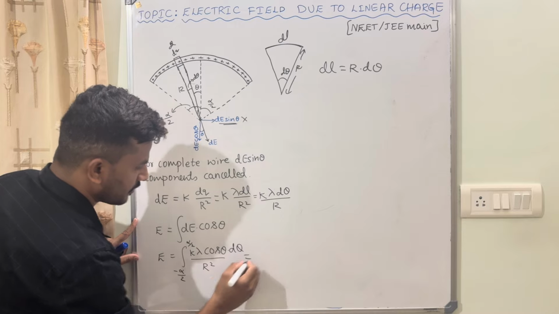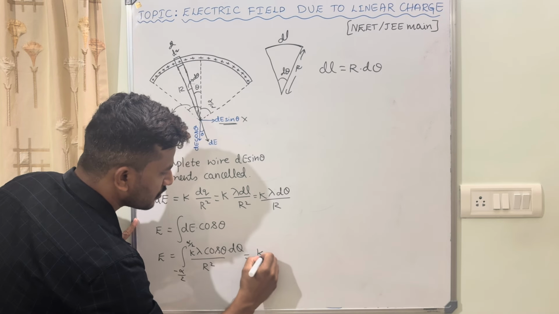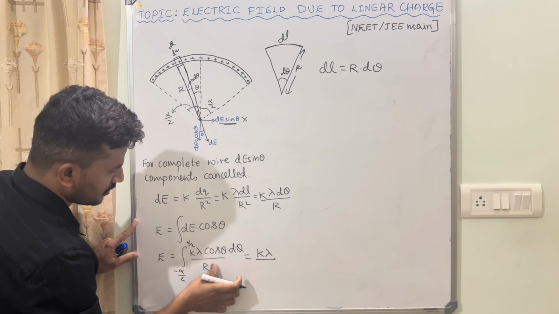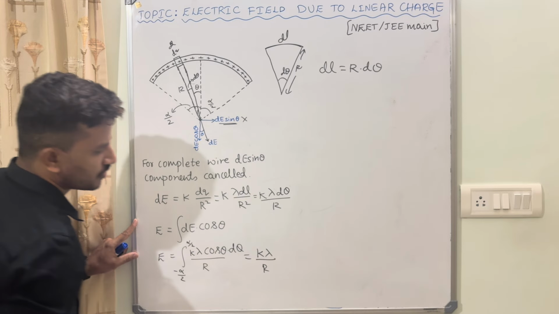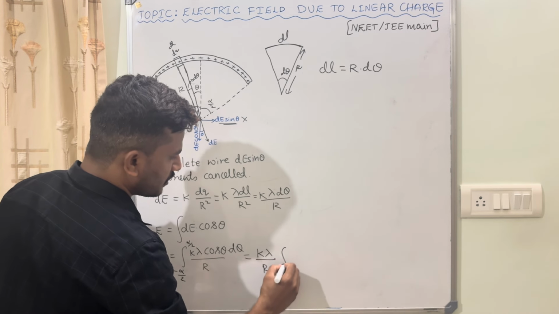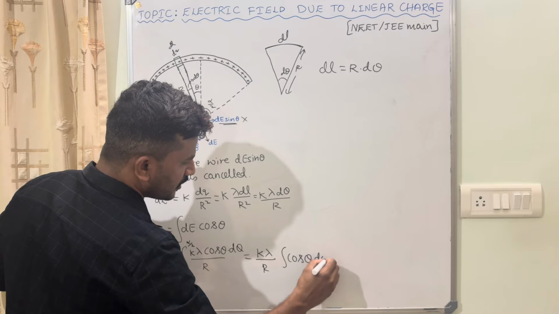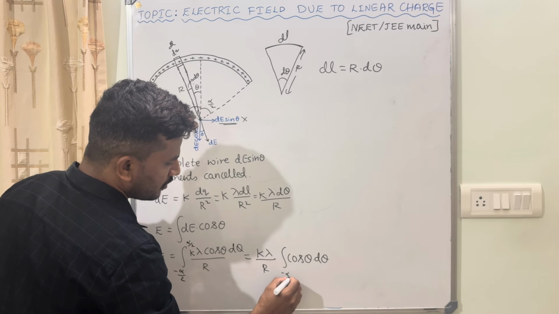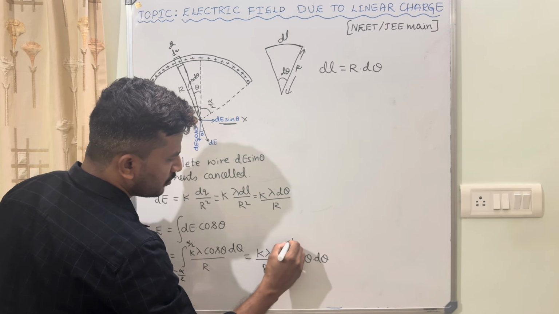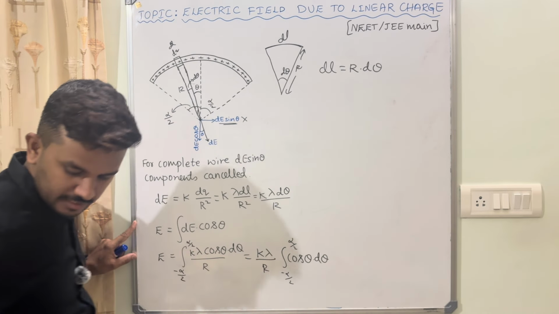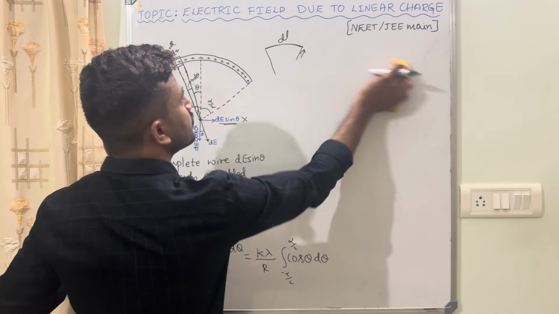So integrate. K will come out, lambda will come out, r is also a constant, so this is just r over r square. So integration of cos theta. What is integration of cos theta with respect to theta, between the limits minus alpha by 2 to plus alpha by 2? Shall I erase this? Hope it is clear to you.